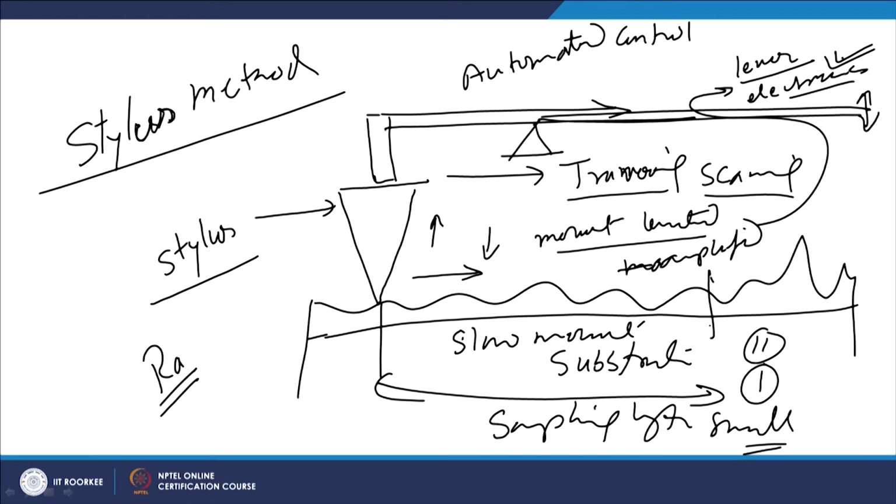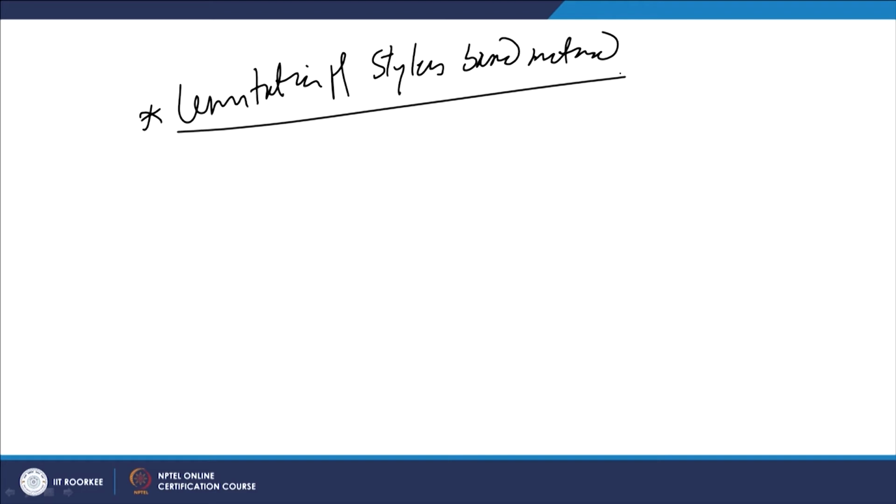This makes the surface roughness measurement of large surfaces difficult, and that is why we can consider this as one limitation of the stylus based method, because it takes time to quantify the surface roughness of the large surface area of the component which is to be characterized.